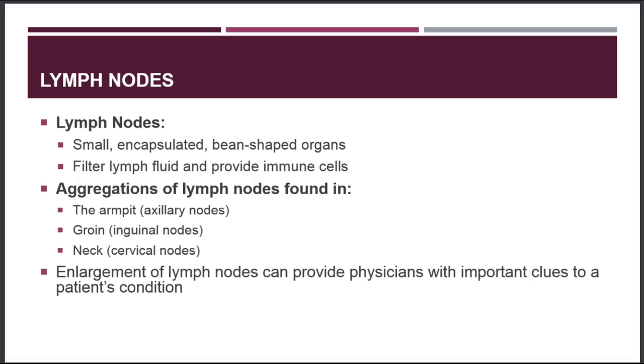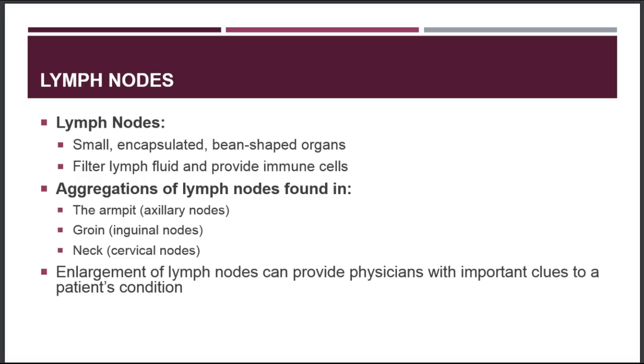There are a number of locations in the body where you find large aggregations of lymph nodes, and that's in the armpit. These are the axillary nodes. You also find the inguinal nodes in the groin, and then the cervical nodes are in the neck. Generally, when you see your physician, they're going to palpate the cervical nodes to check for swelling.